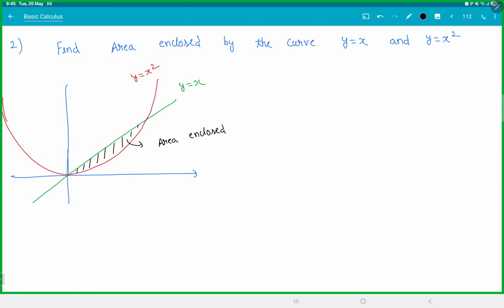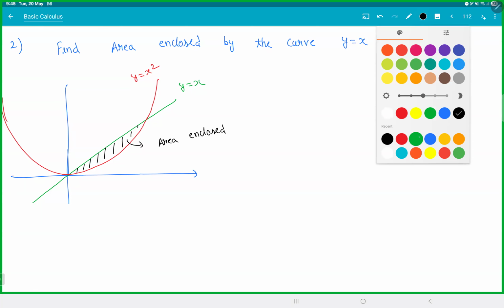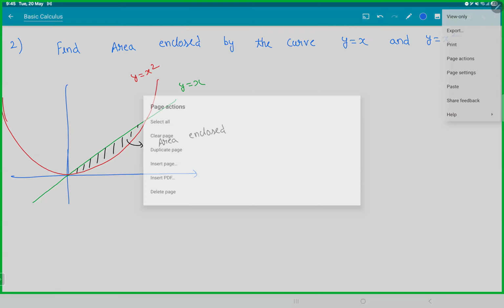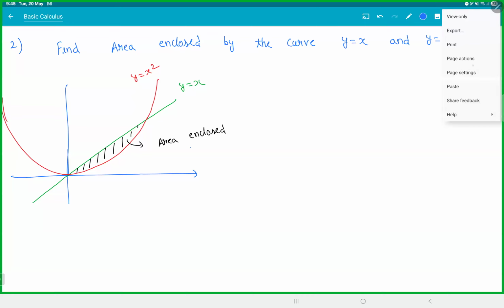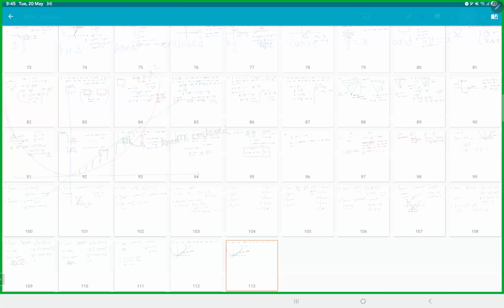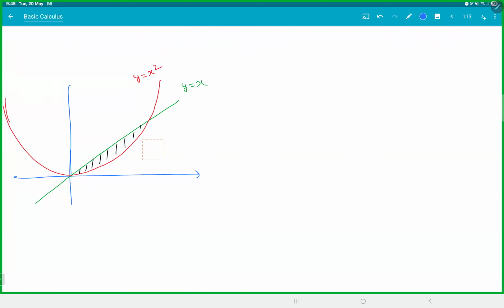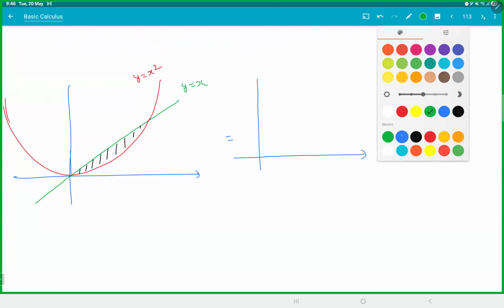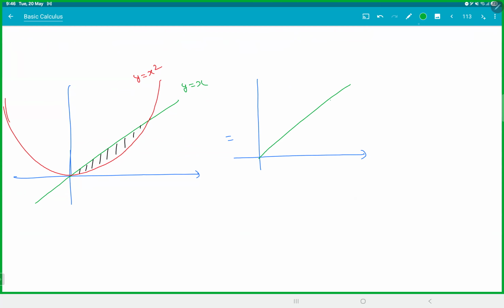It might look a little overwhelming, but just ask yourself, can I do something like this? I will take only the green one. And what is this point of intersection? This point of intersection is 1, 1, isn't it?